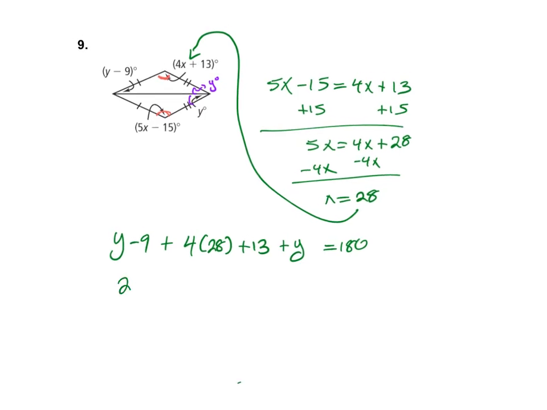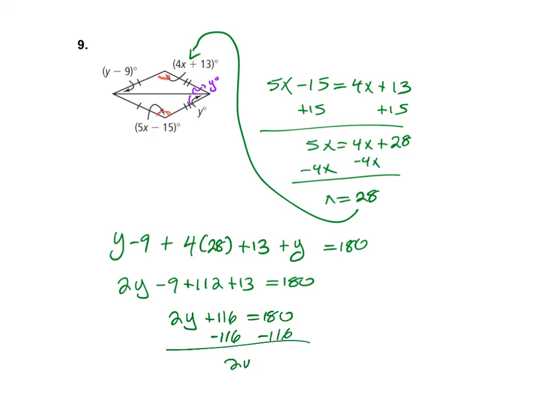So 2y minus 9 plus 112 plus 13 equals 180. So 2y plus 116 equals 180 minus 116. So 2y equals 64, and I'm going to divide by 2. So y equals 32. So I have x and y.